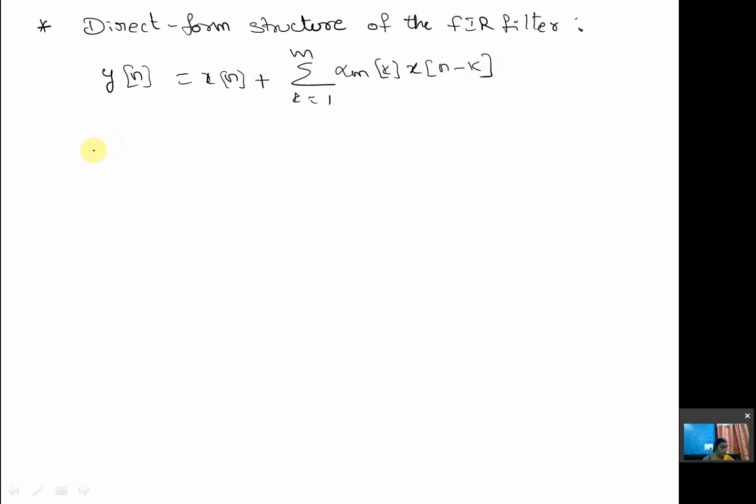Now for understanding, I am writing this with respect to the z variable, that means by applying the z transform on both sides and then expanding this.